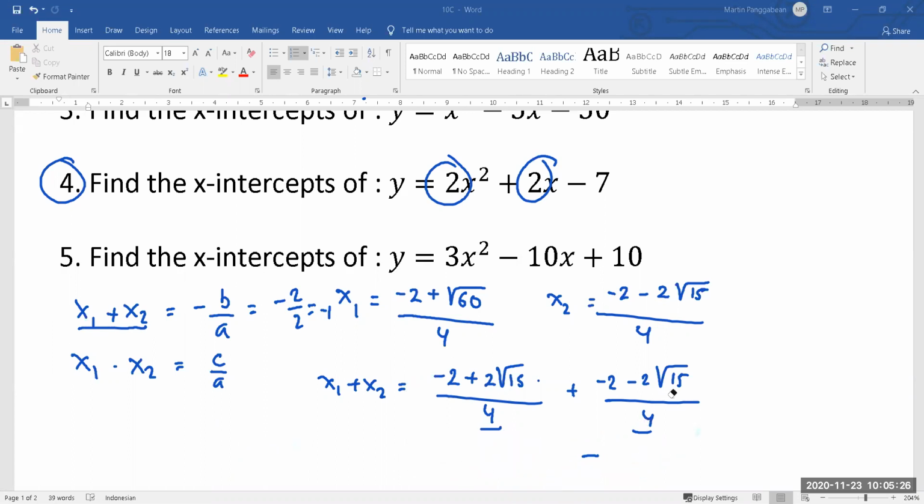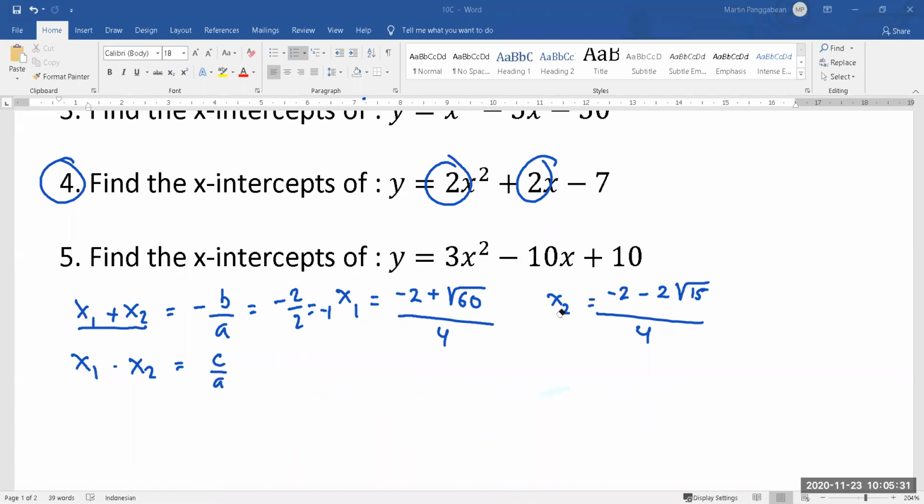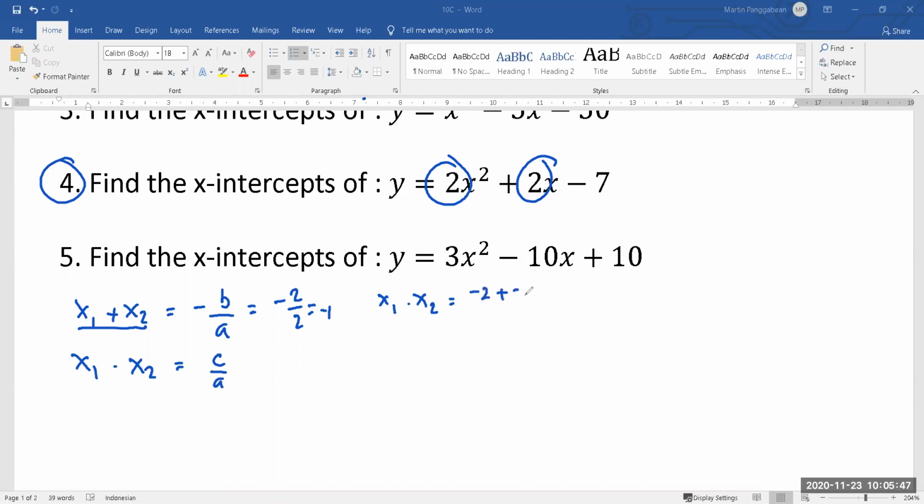Multiplying is actually just the same, but we need more space for that. So if I multiply x1 times x2, it becomes negative 2 plus 2 square root of 15 over 4, I think that's right, multiplied by negative 2 minus 2 square root of 15 over 4.